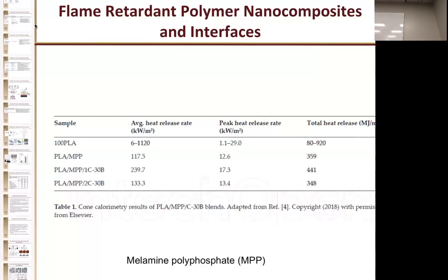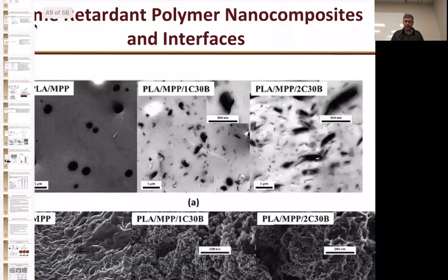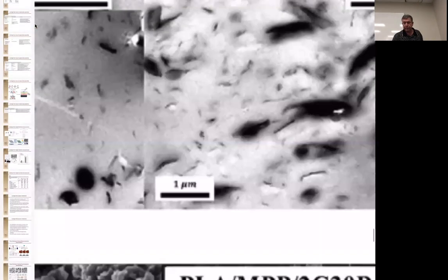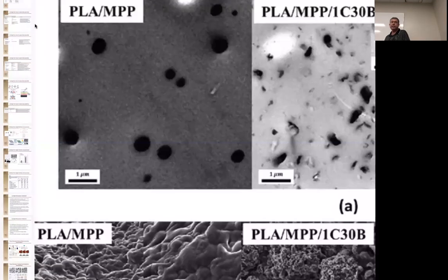Do you think they could get the clay exfoliated because they were still in the same? I think it was the best exfoliated. The montmorillonite was the best exfoliated of the set, but I agree with you. There are tactoids right here, but there are a lot of little things there. Compared with that, this is the additive.